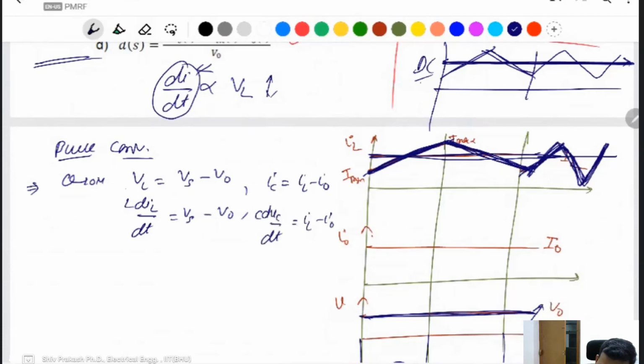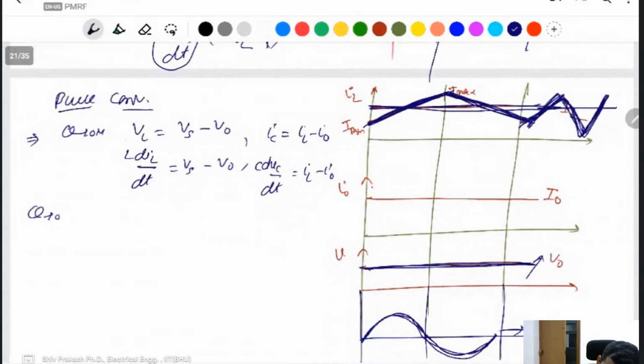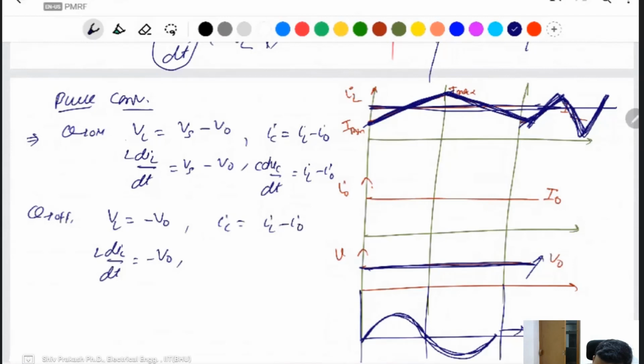When the switch is off, the inductor voltage is minus V naught, so L diL by dt equals minus V naught, and IC is the same, IL minus I naught. It means C dVc by dt is IL minus I naught.